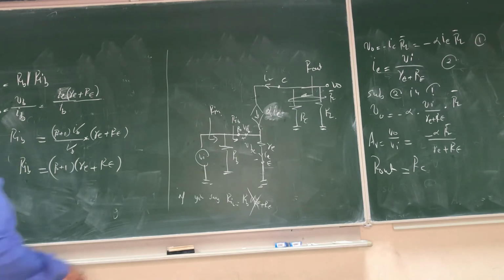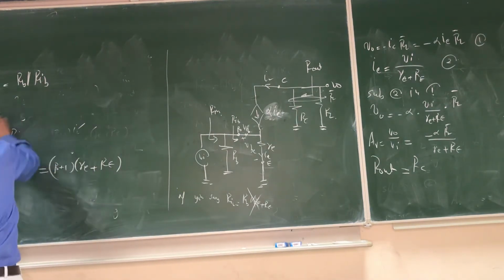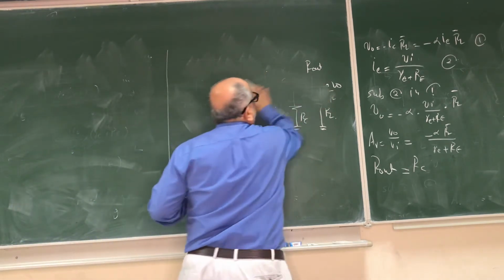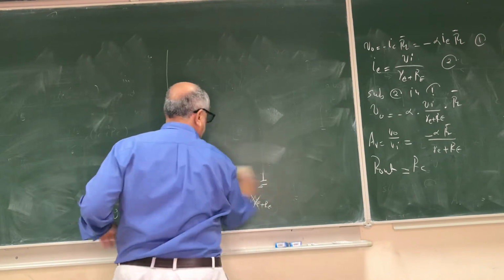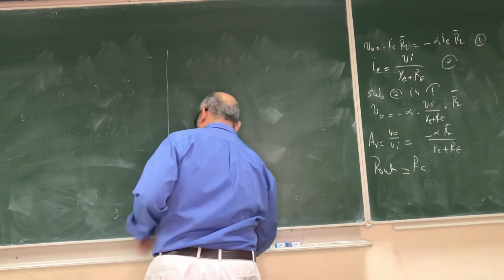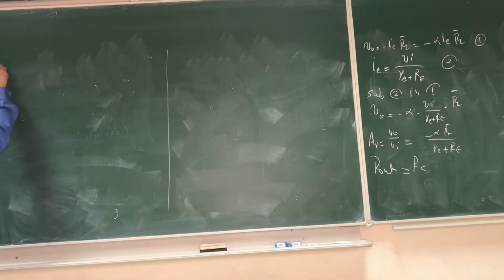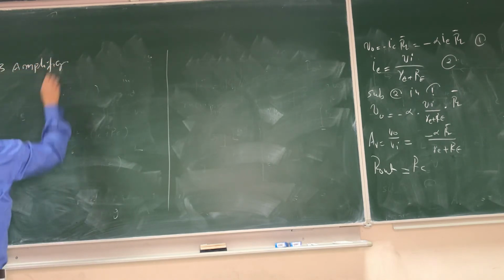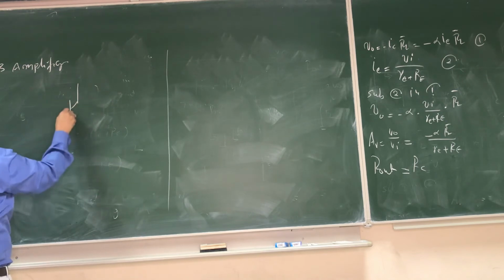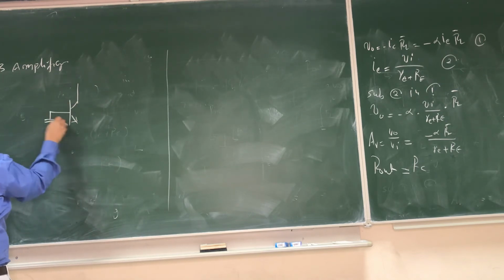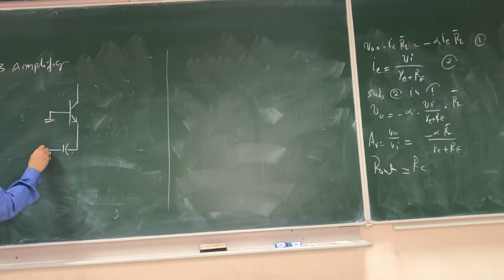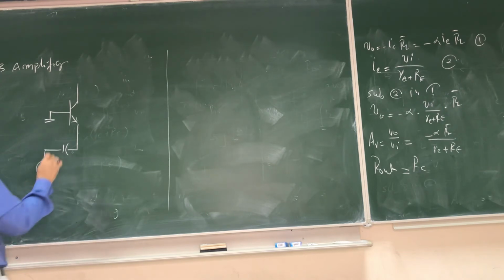Now the second amplifier is the common base amplifier. In common base, as we said, the base is common to both the input and output. So in this one, the input will be applied from the emitter, right?